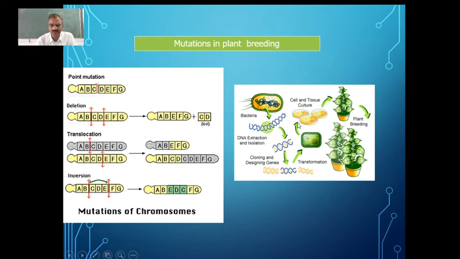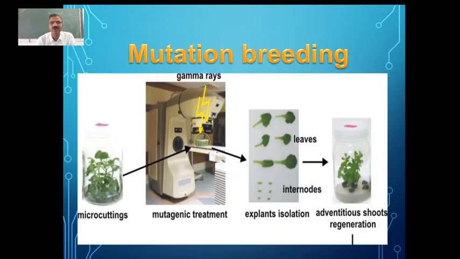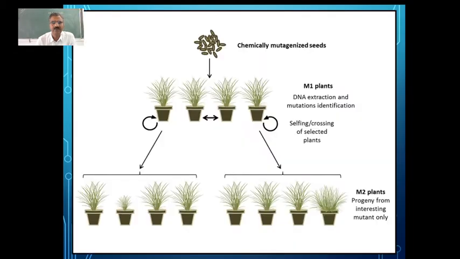Like this we can go for mutation breeding, where we change the genome by using mutations. It can be done immediately. Mutation breeding is very fast when compared to conventional breeding. That is an advantage of mutation breeding, for which we have to use some mutagens.